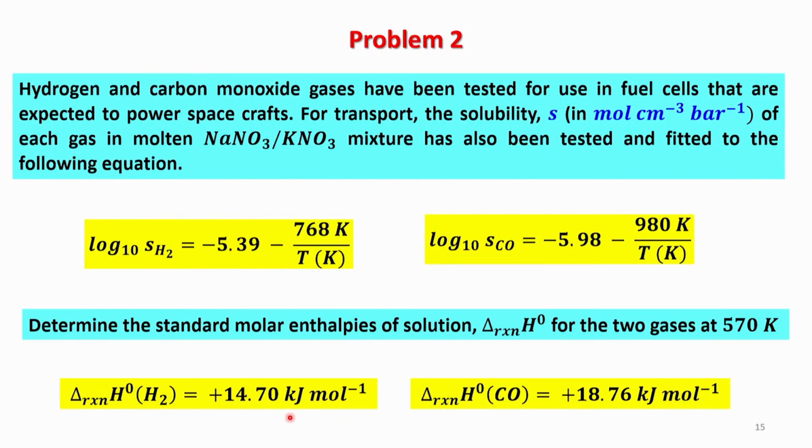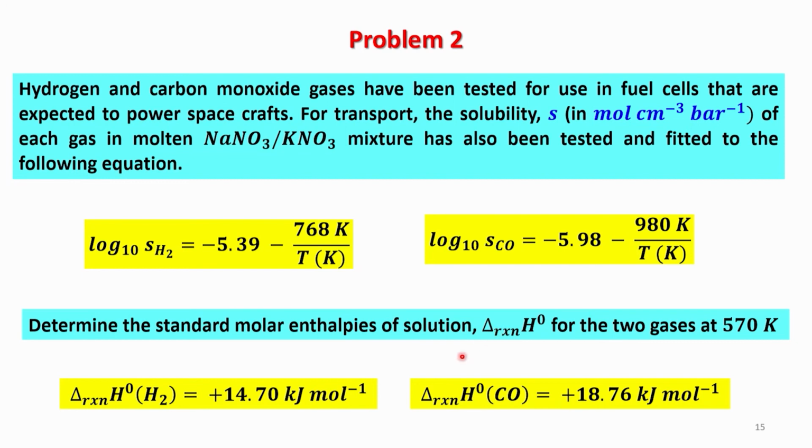You wanted to fabricate fuel cells by dissolving either hydrogen gas or carbon monoxide gas in a molten salt mixture comprised of sodium nitrate and potassium nitrate. Then you found the temperature dependent values of solubility from your experiments, and you wanted to know the standard molar enthalpy of solution for dissolving each of these gases at 570 Kelvin.